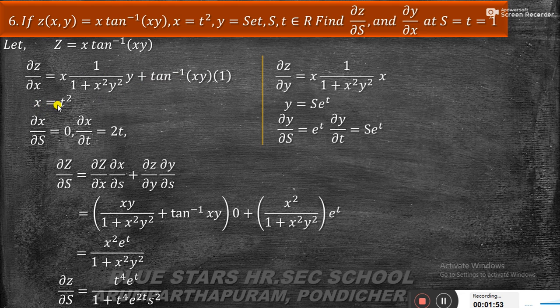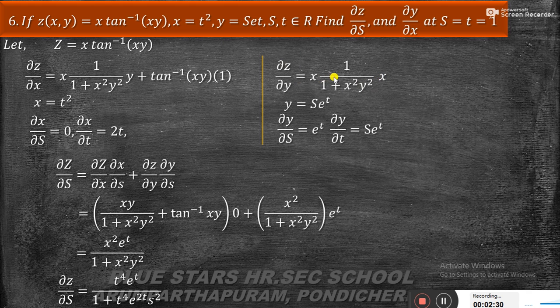So next x equals t square. So ∂x/∂s, differentiating with respect to s, there is no s term, so it is 0. Next ∂x/∂t means the derivative of t square is 2t. So next ∂z/∂y, we differentiate z with respect to y. ∂z/∂y equals x into the derivative of tan inverse, 1 by 1 plus xy whole square, into the derivative of xy, where we differentiate only y, so into x.